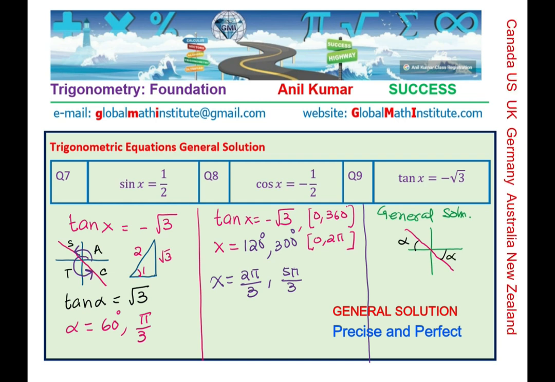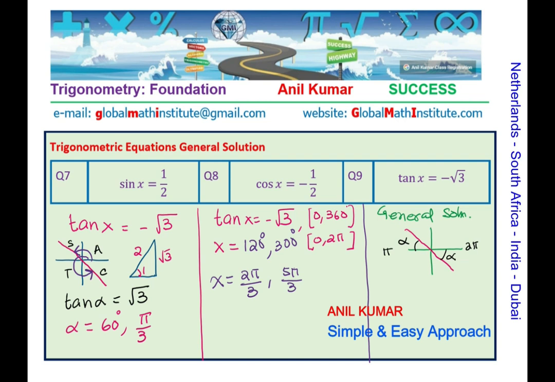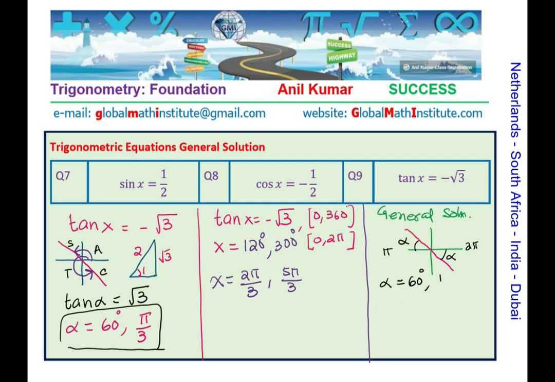So what really is happening is that from pi you are subtracting alpha, and from 2 pi also you are subtracting alpha to get the answer, correct? So every cycle you're subtracting the related acute angle alpha. Now in our case, alpha was this. So the related acute angle was 60 degrees, or pi by 3 in radians.